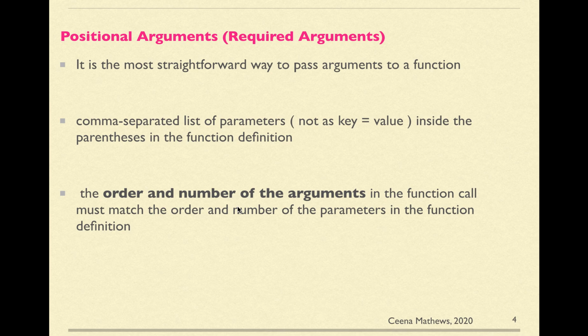The order and number of the arguments in the function call, that is actual arguments, should match the order and number of parameters in the function definition, that is the formal parameters. That is, the order and number of actual and formal parameters should be the same.